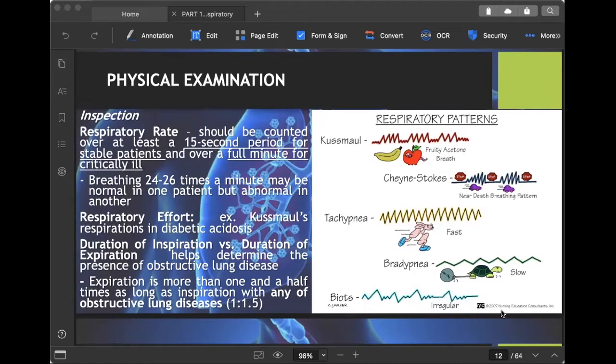Breathing 24 to 26 times a minute may be normal in one patient but abnormal in another. So it varies. For respiratory effort, an example is Kussmaul's respiration in diabetic acidosis. The duration of inspiration versus the duration of expiration helps determine the presence of obstructive lung diseases. Expiration is more than 1.5 times as long as inspiration with any of the obstructive lung diseases.